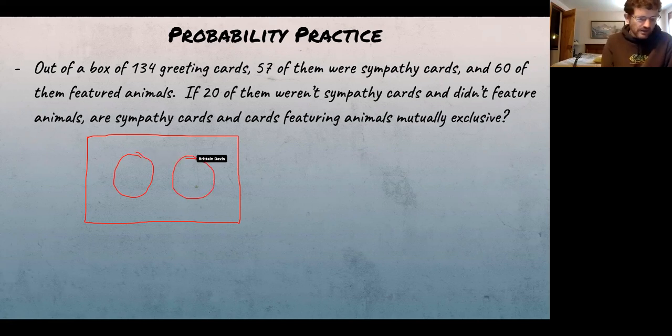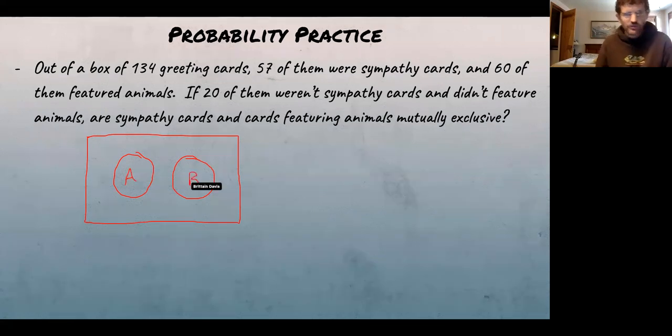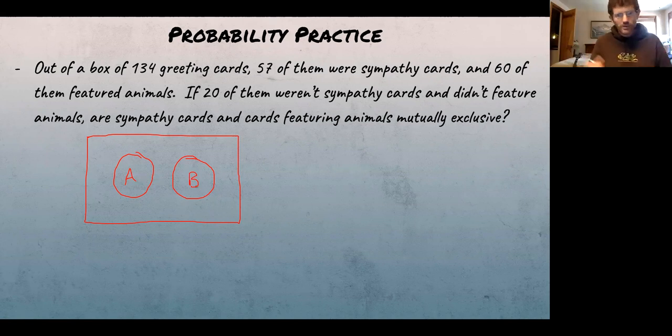Event A cannot coincide with event B in any way, shape, or form. So there's a Venn diagram of mutually exclusive events, and maybe that's a visual that you can keep in mind if you're trying to remember what is mutually exclusive. Separated Venn diagrams. So we want to figure out, are sympathy cards and cards featuring animals mutually exclusive?